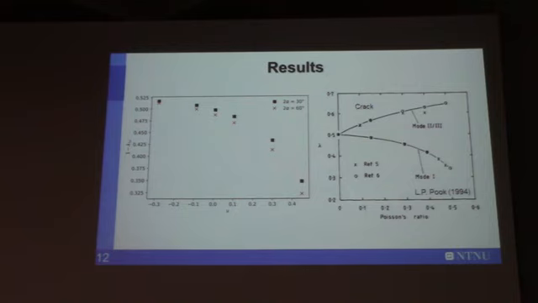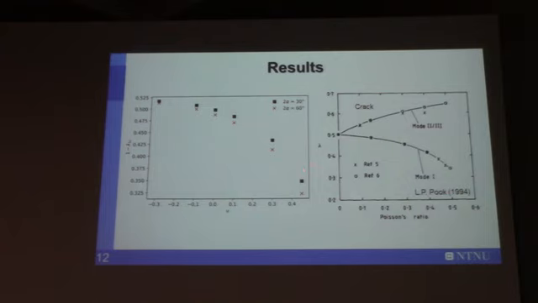Therefore, what we did was to use the displacement, because the displacement is obtained at the nodes of the finite element model, and therefore we obtained the two angles and this qualitative behavior.